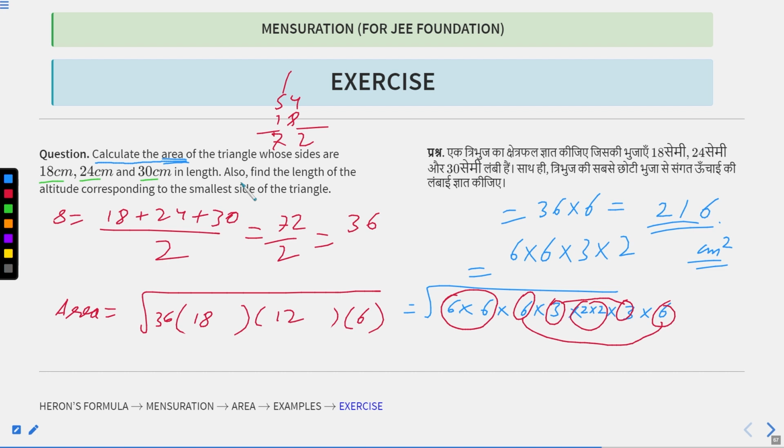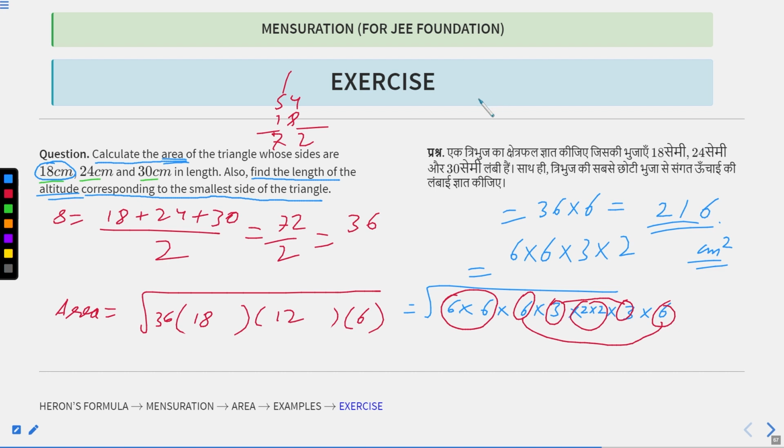Now there is another question inside the question: to find the length of the altitude corresponding to the smallest side of the triangle. That is, if we take the base as 18, what will be the altitude or height?